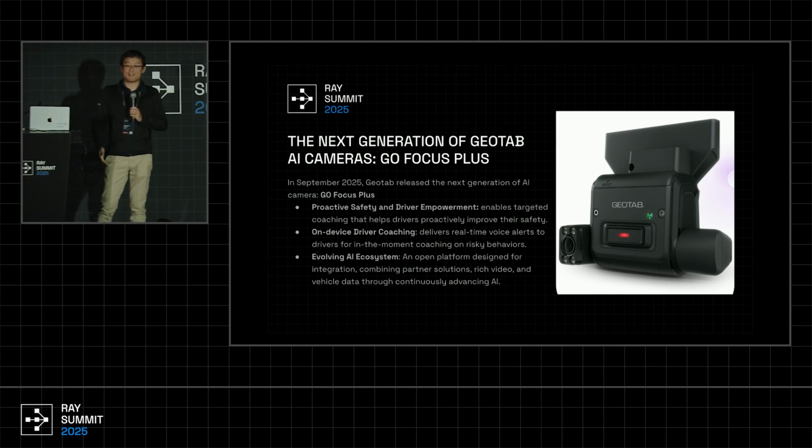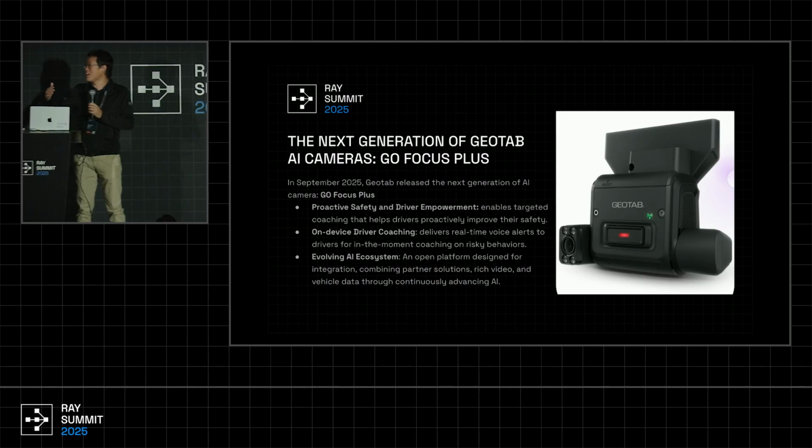For example, if the driver is picking up the phone and checking messages while driving, the camera is able to do voice coaching in time, telling the driver, put down your phone. We have seen drivers want to challenge the camera, saying, I didn't pick up the phone, you have done something incorrect in your model prediction. So this unlocks a lot of possibilities.